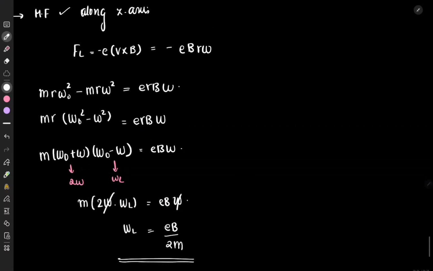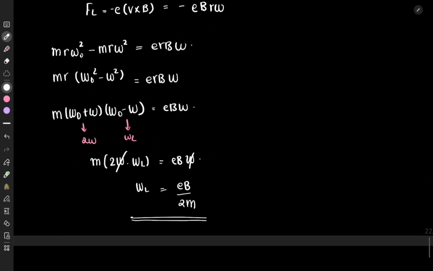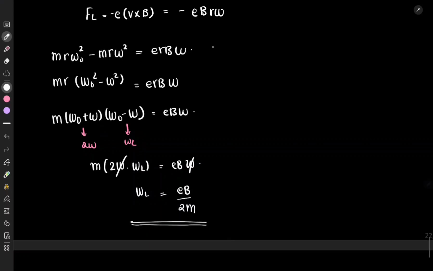Now from here itself we can get some solutions. We can understand a few things. If I write it in the form of a second order equation, I can write this as m r omega square plus e r B omega minus m r omega naught square, which is equal to 0.